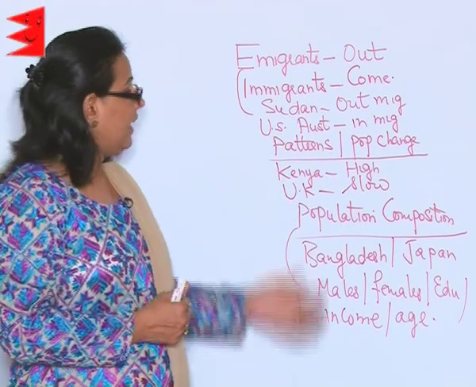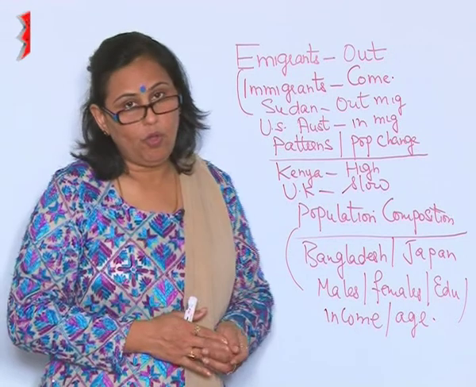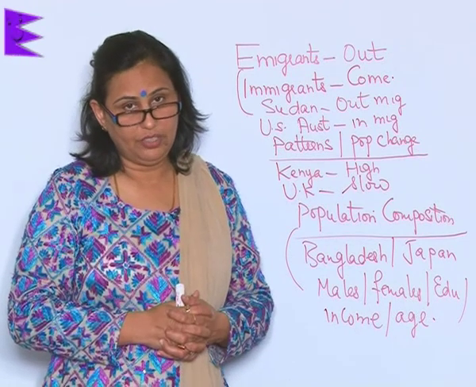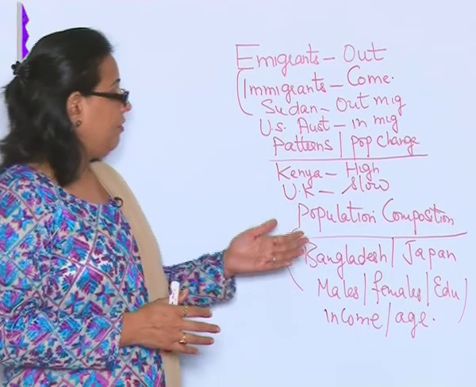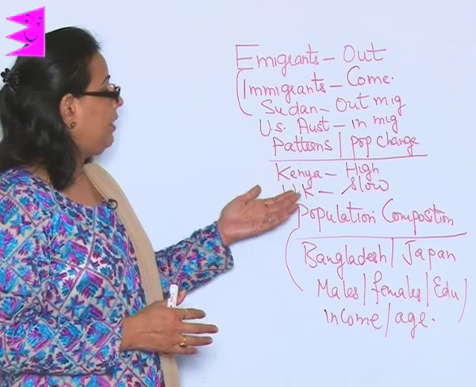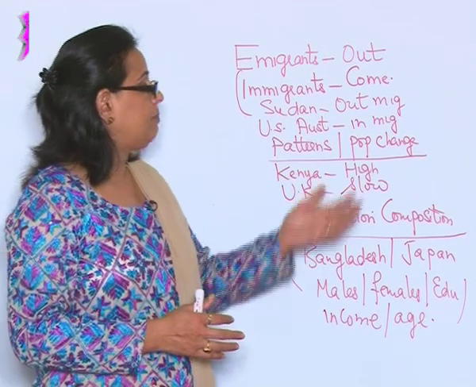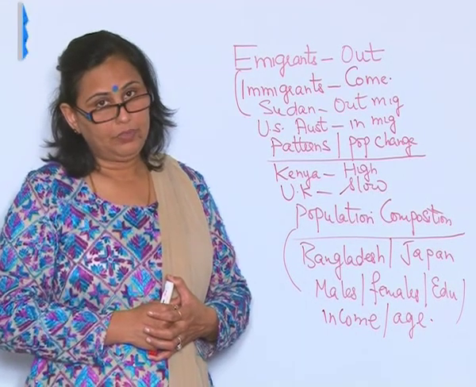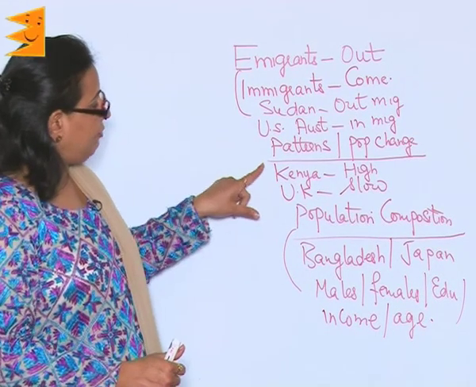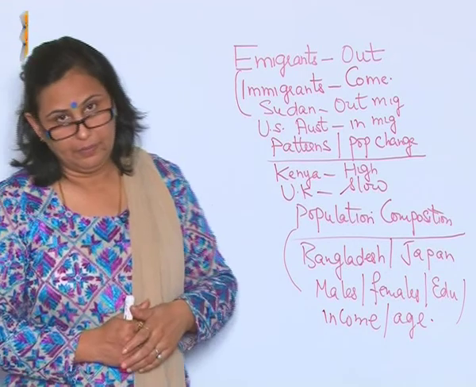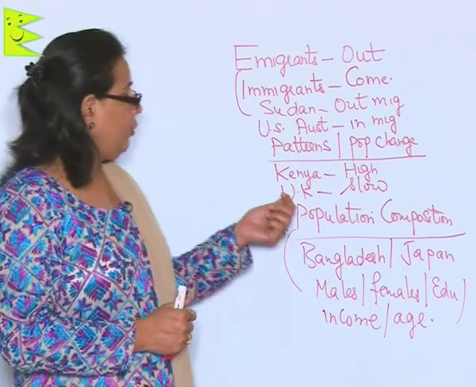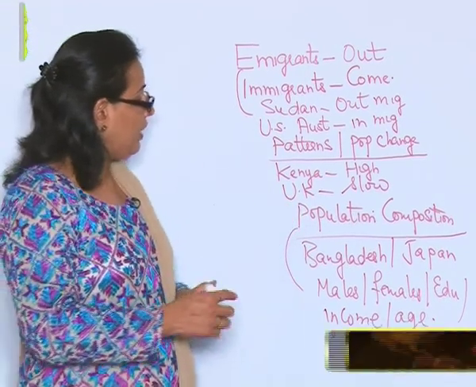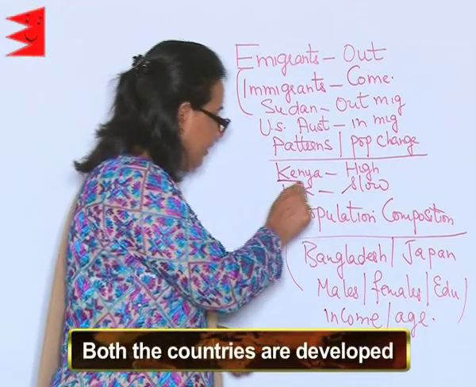Now let's try and understand the pattern of the population change. That is to say, we are trying to understand what exactly it means by the population change pattern. Now I'll pick up the example from two countries of the world, that is Kenya and United Kingdom. You see, both the countries are developed.